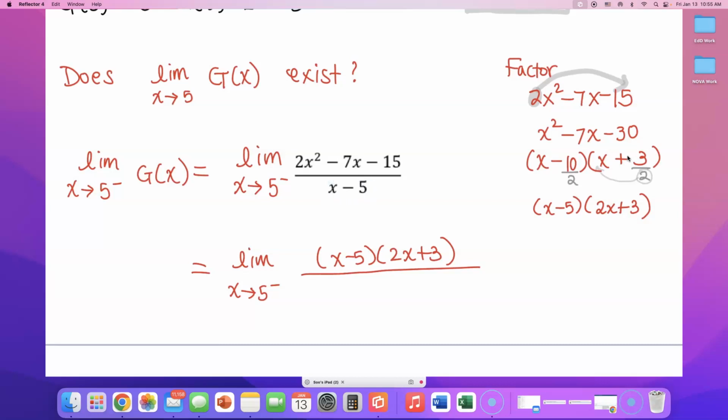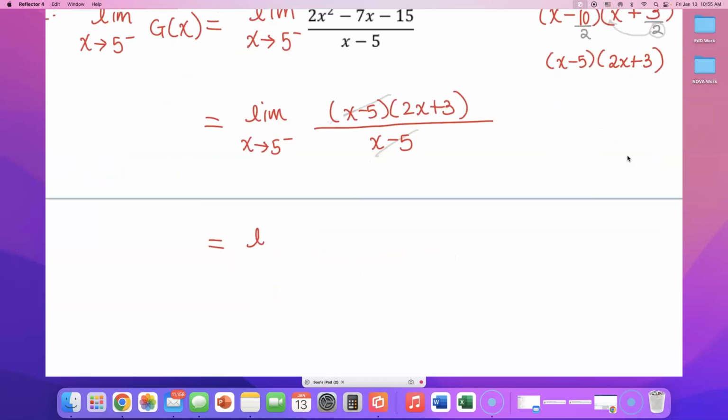But what will happen now is, never mind, I'll just write it. x minus 5 will cancel out. Look, cancel, cancel. So now, when we try to evaluate this limit, we will have limit as x approaches 5 from the left of 2x plus 3.